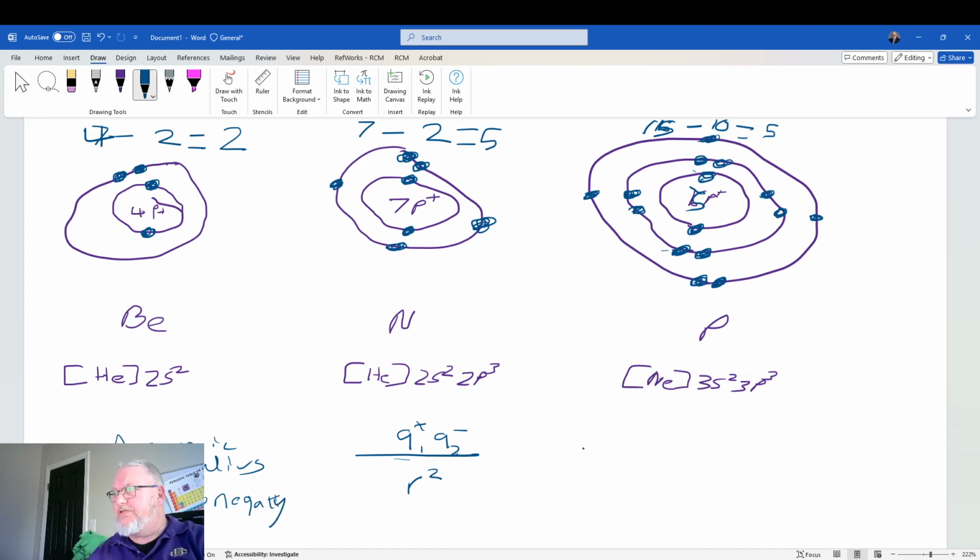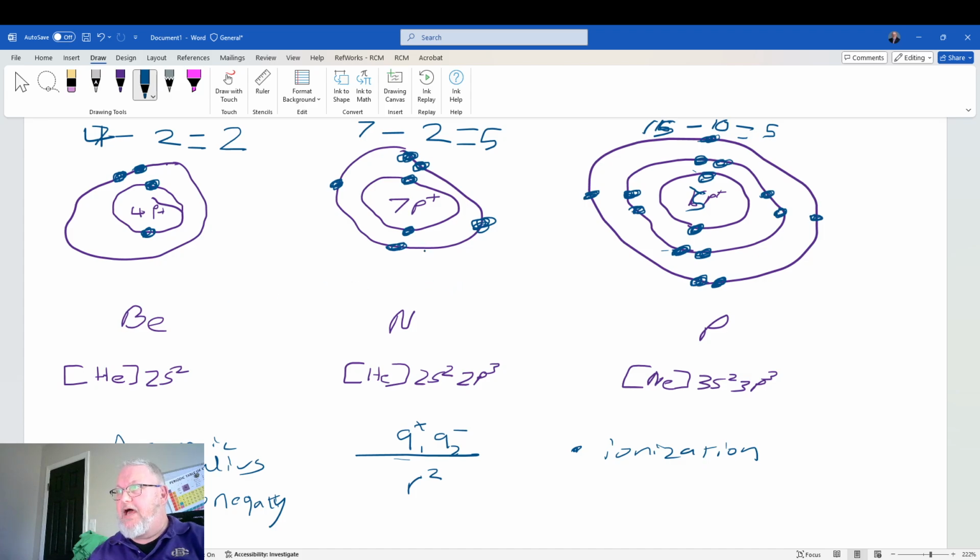The other one is ionization energy. And that's the energy required for an atom to lose an electron, to become an ion, a cation, right? So, there's not a lot of energy, right? There's only a 2 compared to that 5.